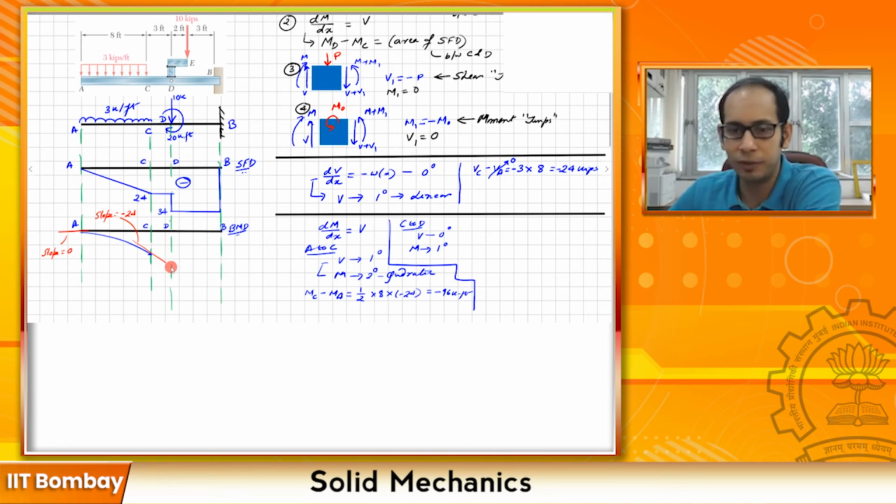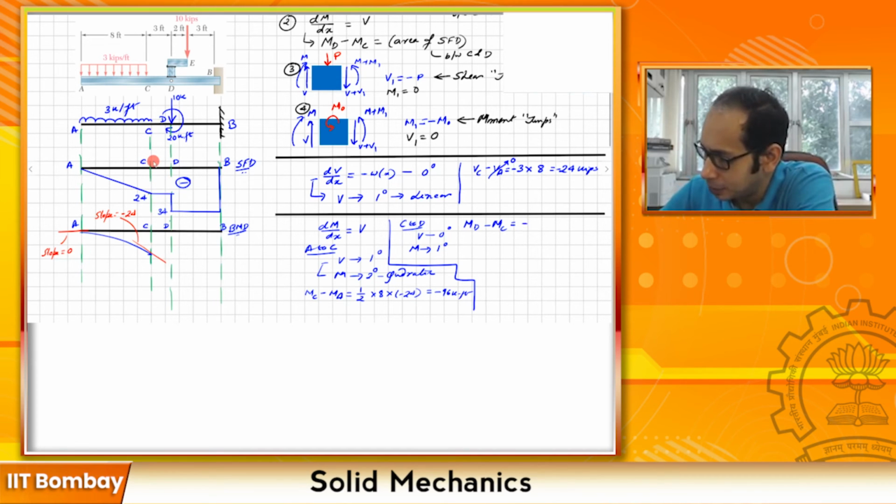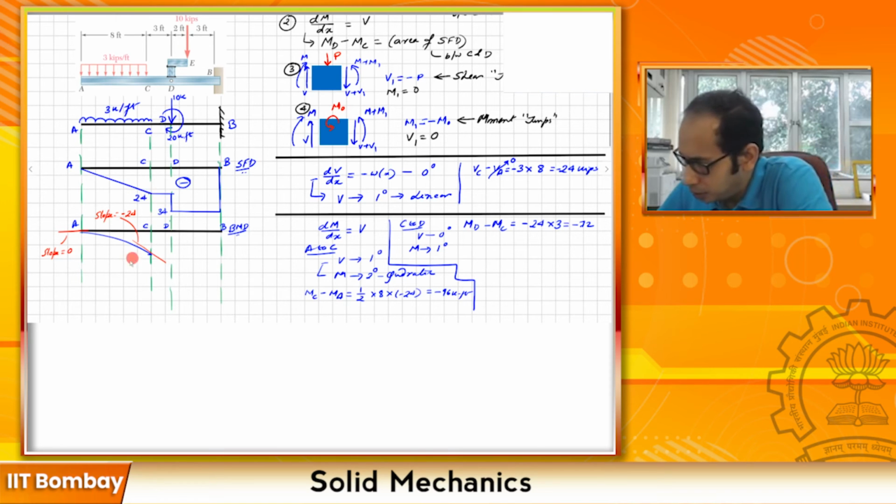So let's find the value of the moment at D. How do I find that? I have MD minus MC equal to the area of the shear force diagram between those 2 points, and that is this ordinate, 24, times this distance. So it is going to be minus 24 times 3, that is minus 72. And at C I know the value is already, oh, I did not mark this one.